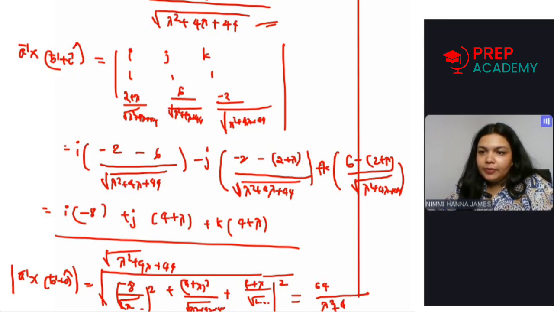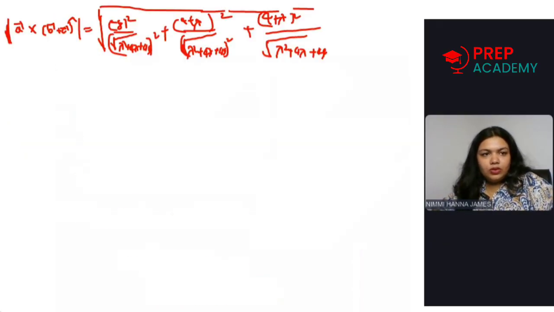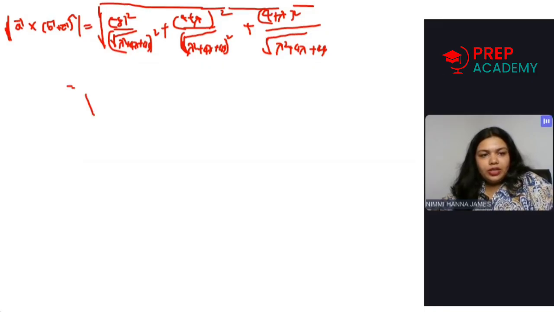And opening it, I'll be writing in the next page. So this is it, we are opening it. Root of 8 squared, that is 64, plus (4 plus lambda) the whole squared. (a plus b) the whole squared, that is 16 plus 8 lambda plus lambda squared, plus here it is also 4 plus lambda.